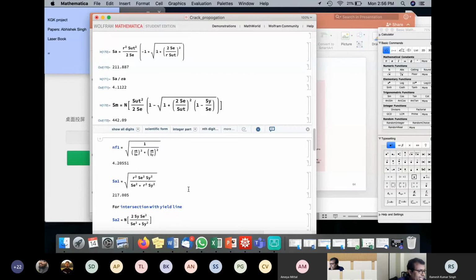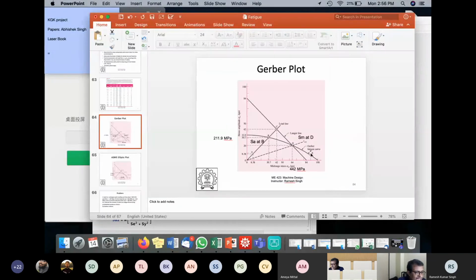So I have to find out R critical, which is SA by Sm. The way I can find it out is, this line, Sm plus SA is equal to Sy, because this actually lies on my yield line.